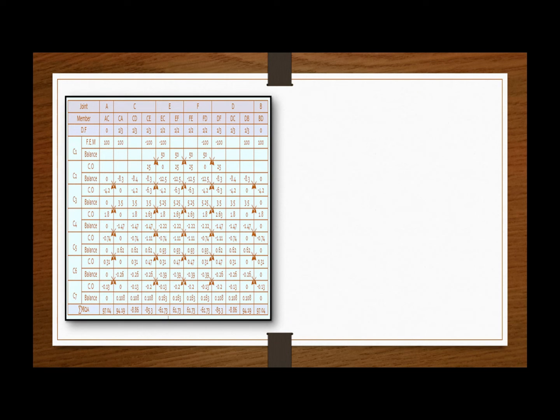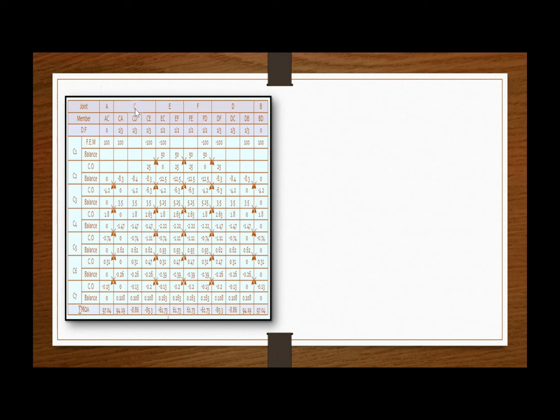So, next is this is our table. Itatabulate natin ang lahat ng mga nakuha nating answer sa previous slides na na-solve natin. So, joint A, C, E, F, D, B. Our member from joint A is AC, isa lang kasi fixed.